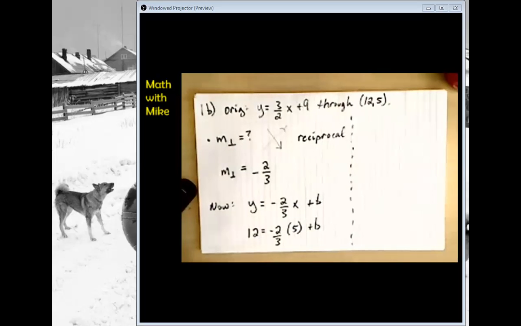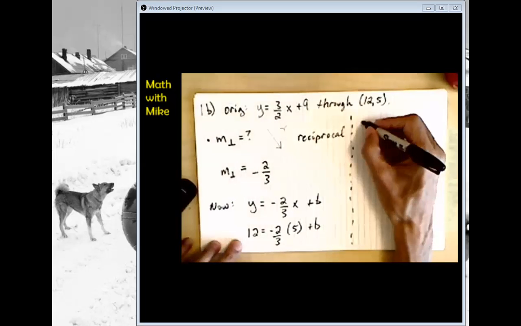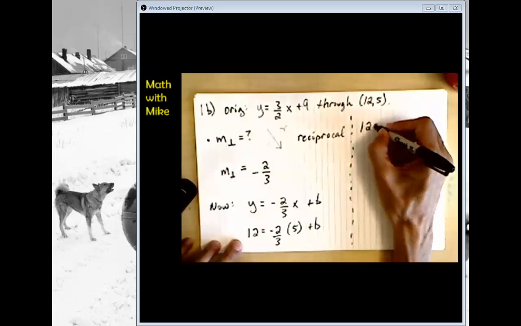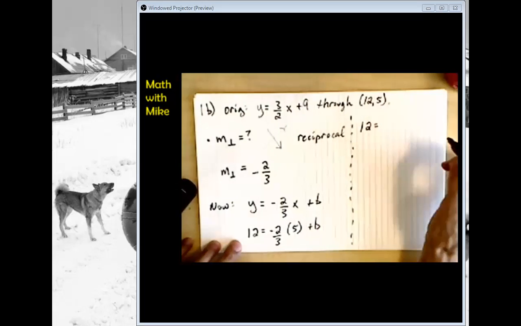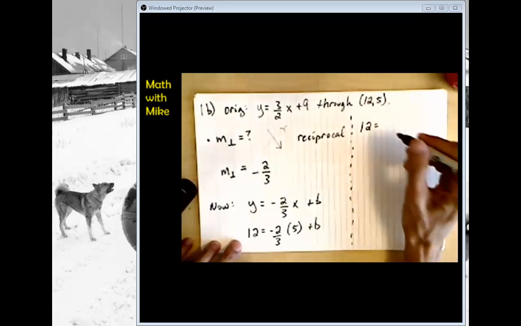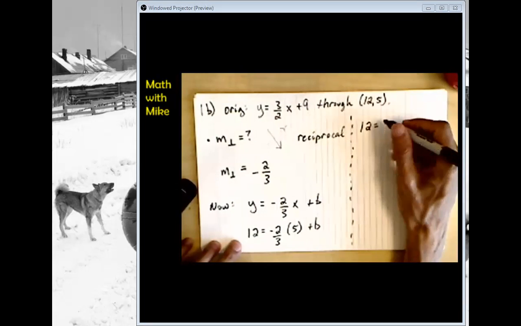Not impossible because you all know stuff about fractions, and so let's work this out. Got 12 on this side till we do that. What do we got on the right? Minus 10 and minus 15. Partly there, Zoom.